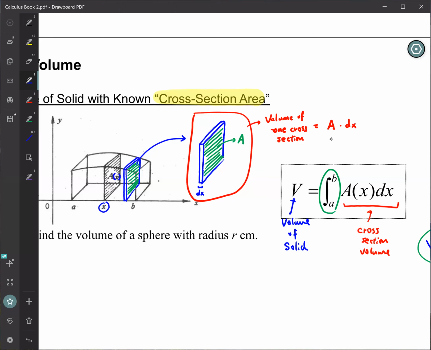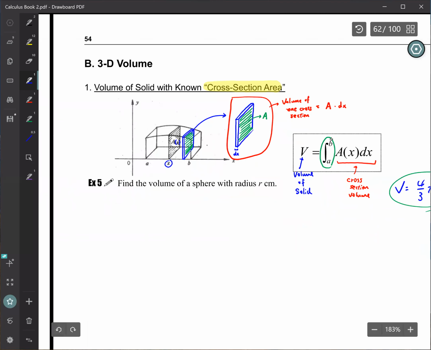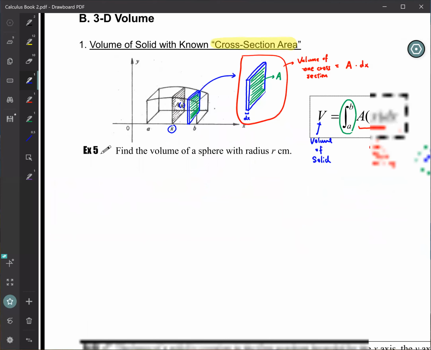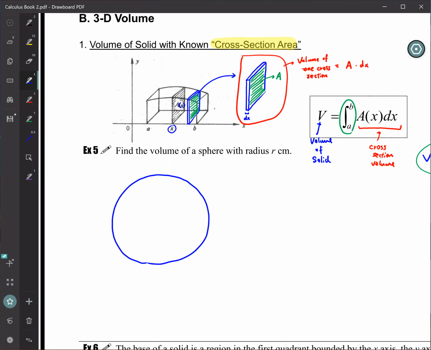So we are going from 1D to 2D, now from 2D to 3D. If you understand this idea, we are going to cut the slices of the sphere. So let's draw the circle and try to make it 3D. To make it 3D, we need to have axes, so let's draw the axis here.